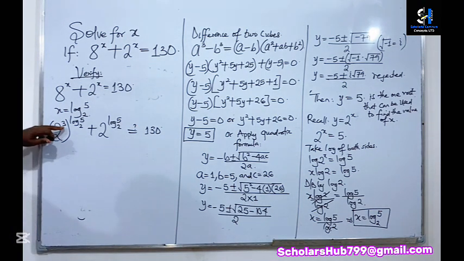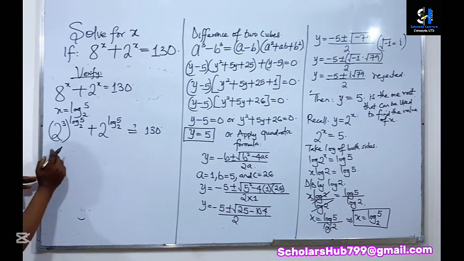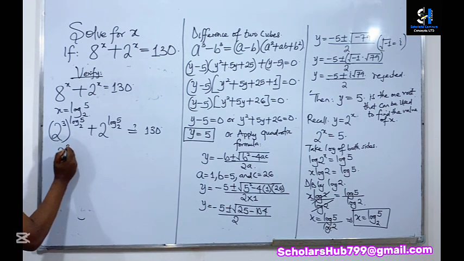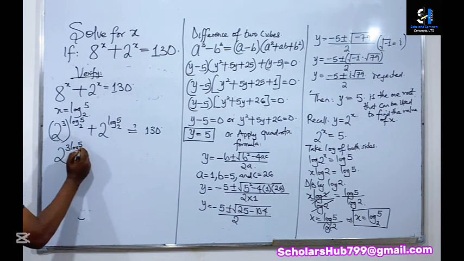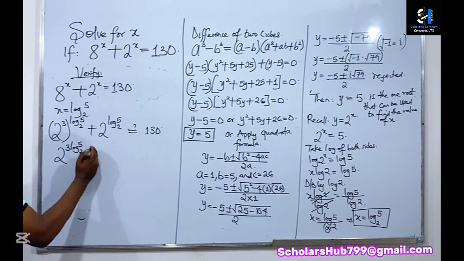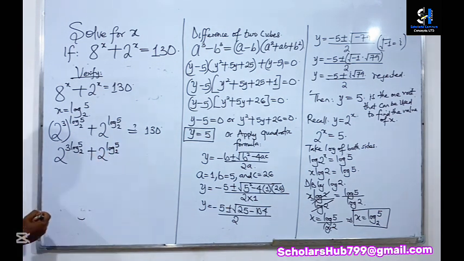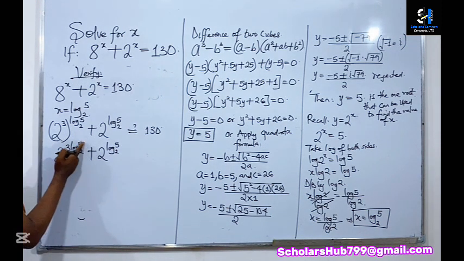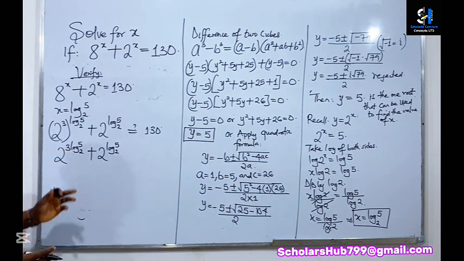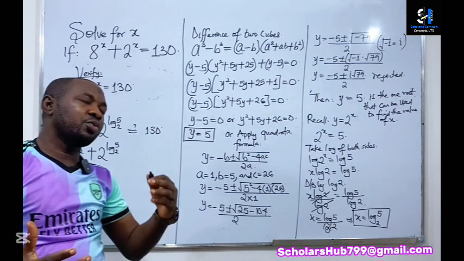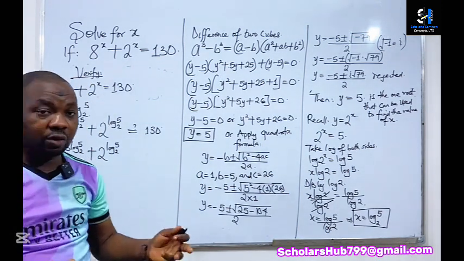In this case, if you multiply the powers, we're going to have 2 raised to the power of 3 log 5 to base 2 plus 2 exponent log 5 to base 2. I'm going to take this here because this is when we have what we call transposition of logarithms.